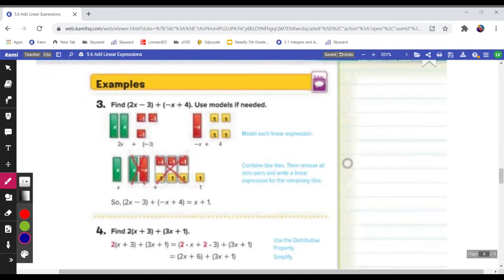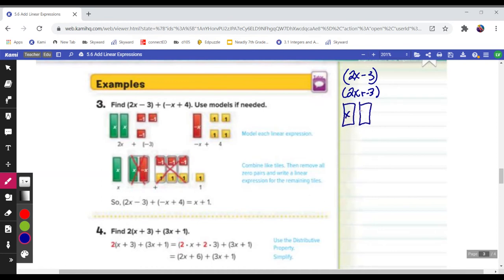Continuing. Example number 3 is using algebra tiles. Taking the quantity 2x minus 3 plus the quantity negative x plus 4. So the way that they're displaying that, the 2x minus 3, you want to change first to 2x plus negative 3.